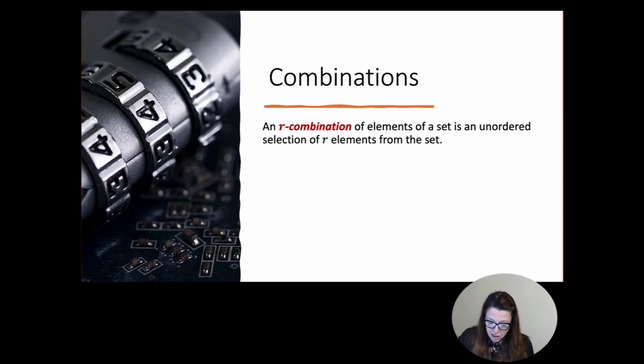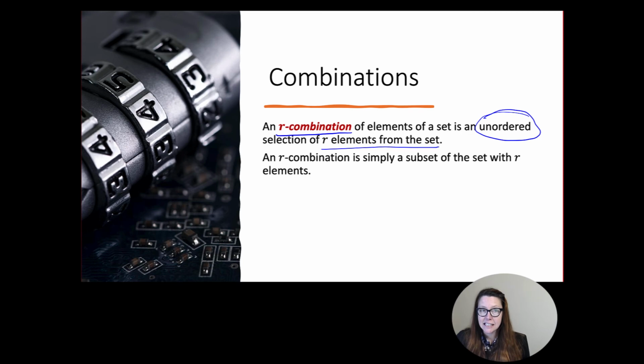Okay, so now next to a new word, combinations. An R combination of a set of N elements is an unordered selection of R elements from the set. Okay? So the idea is that an R combination is really a subset of the set with R elements. So if I said, what's a 0 combination? Still the empty set.